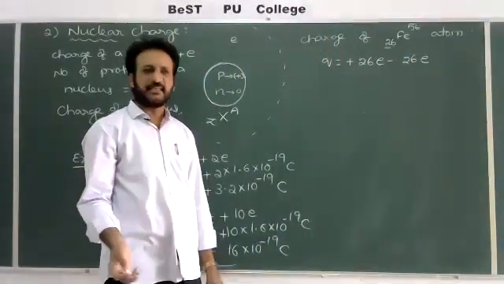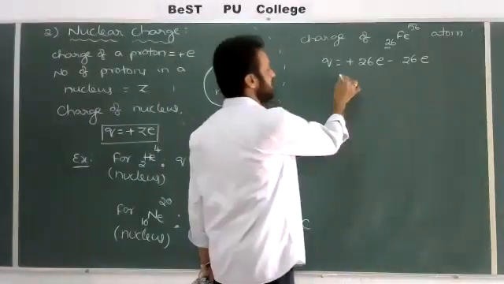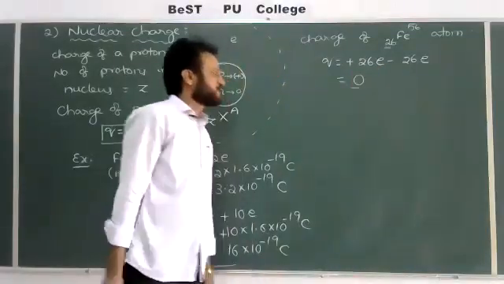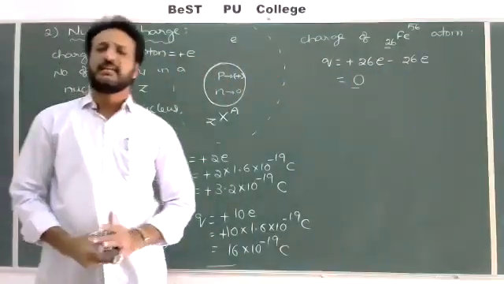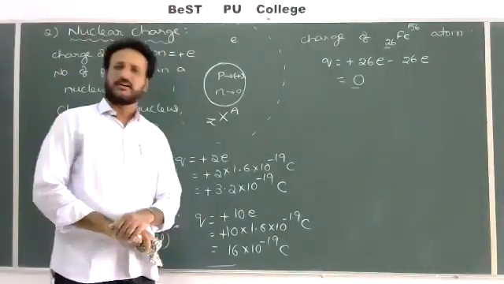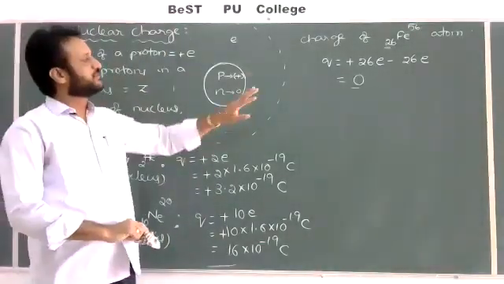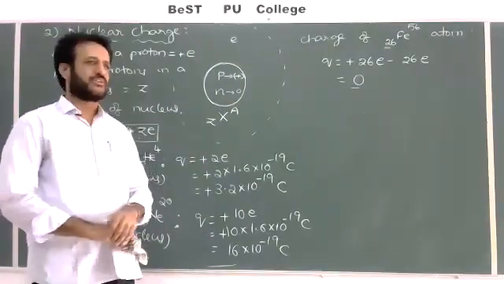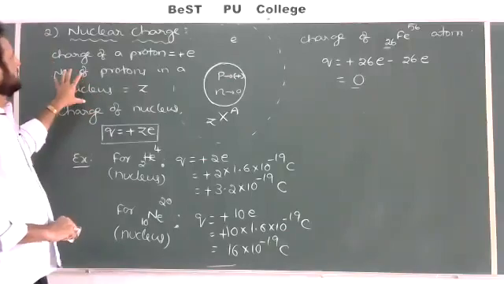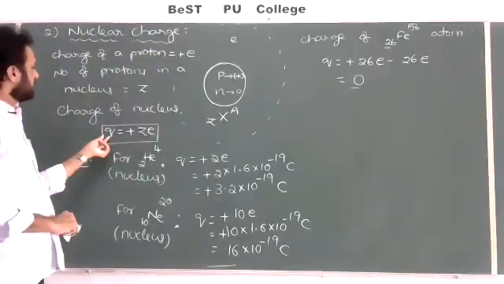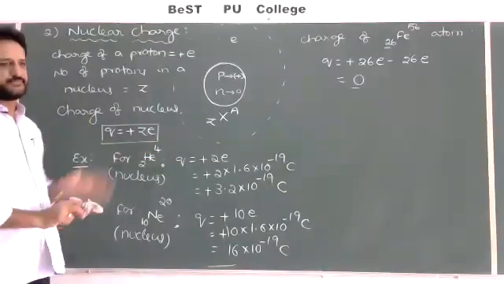So plus 26e minus 26e both get cancelled and we get the answer 0. So in neutral condition, any atom you may take, iron, cobalt, copper, gold, silver, doesn't matter, its charge is equal to 0. But a nucleus charge is not equal to 0. That you have to understand. It is one simple concept, nuclear charge. So for this we only have to remember a simple formula, Q is equal to plus Ze, enough.